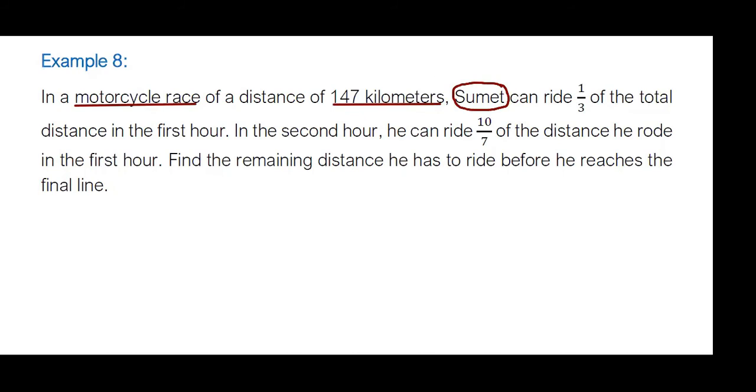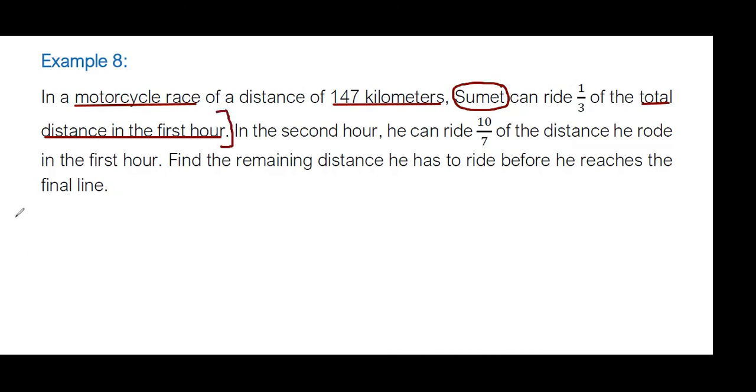What is the total distance, students? The total distance is 147 kilometers, okay? So Samet can ride 1 out of 3 of the total distance in the first hour. Let us first stop here and we check that.